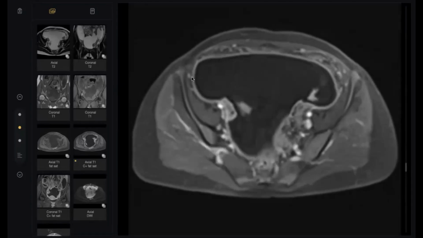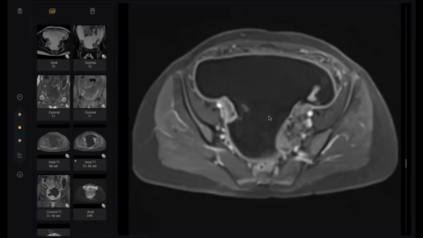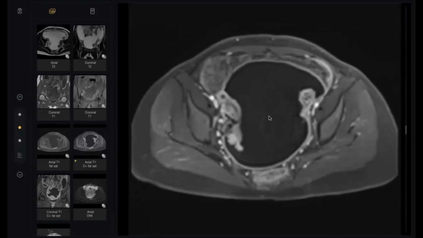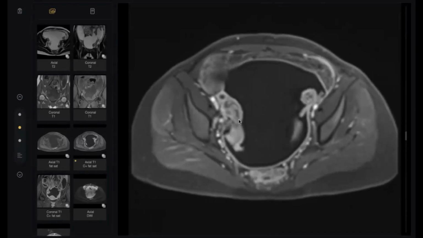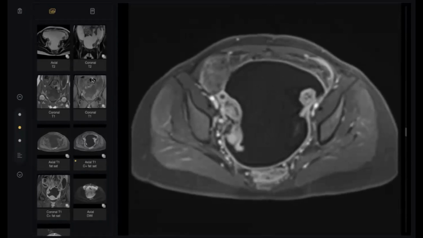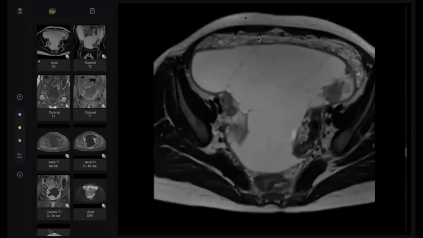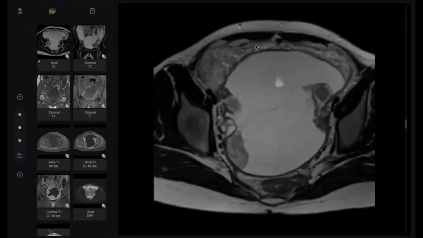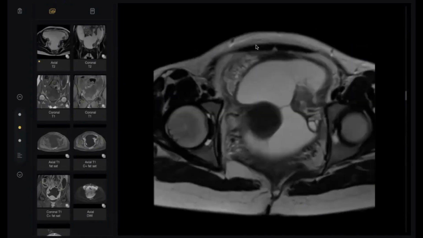See my colleagues here. This is the marked enhancement of the peritoneum, and this is a large amount of fluid plus irregular large nodular enhancement. This is the peritoneal fat, markedly abnormal signal, edematous.